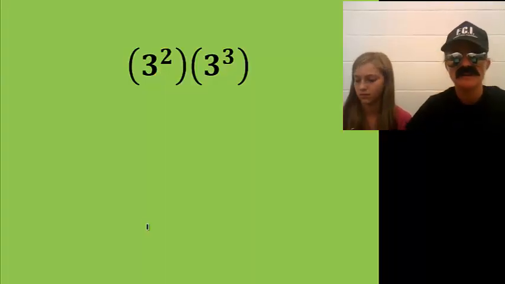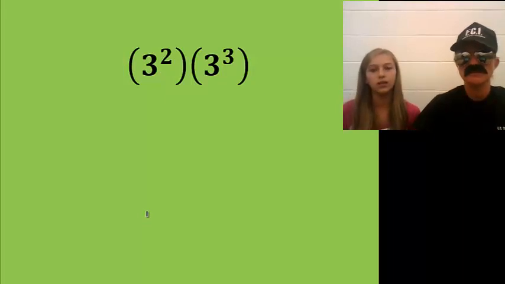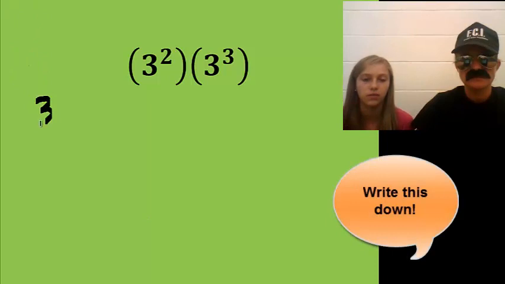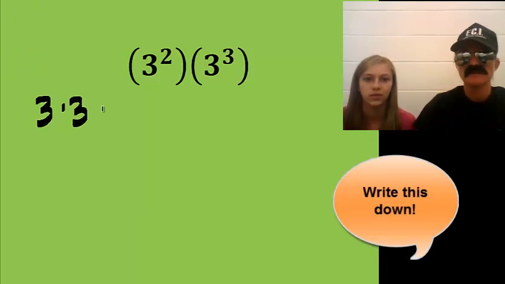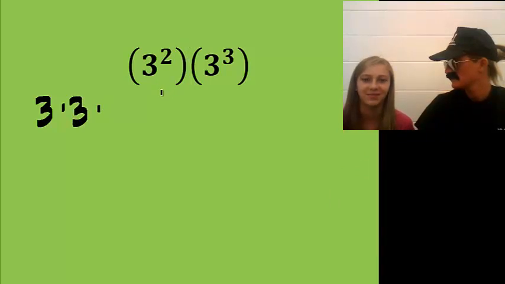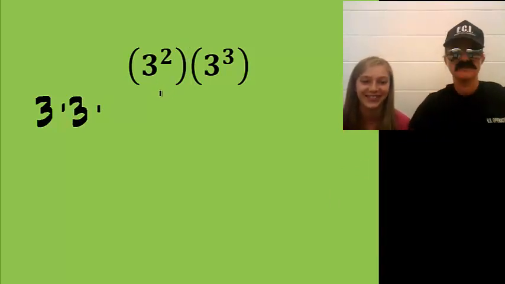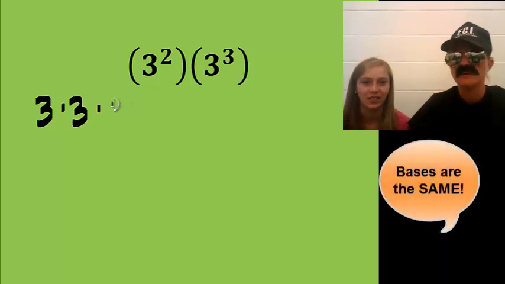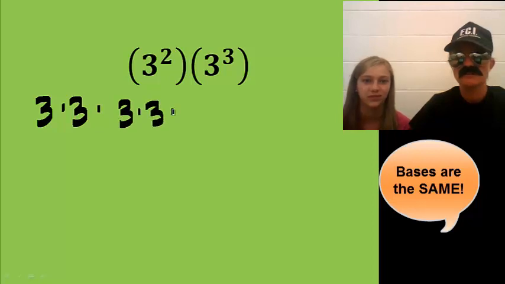Okay? All right. So, Taylor, to walk me through this, what am I going to write first? 3 times 3. Okay, I don't see a times here. How do you know this is times? You just know. If there's parentheses, you're multiplying. And then how many more 3s do I need? 3 more. 1, 2, 3.